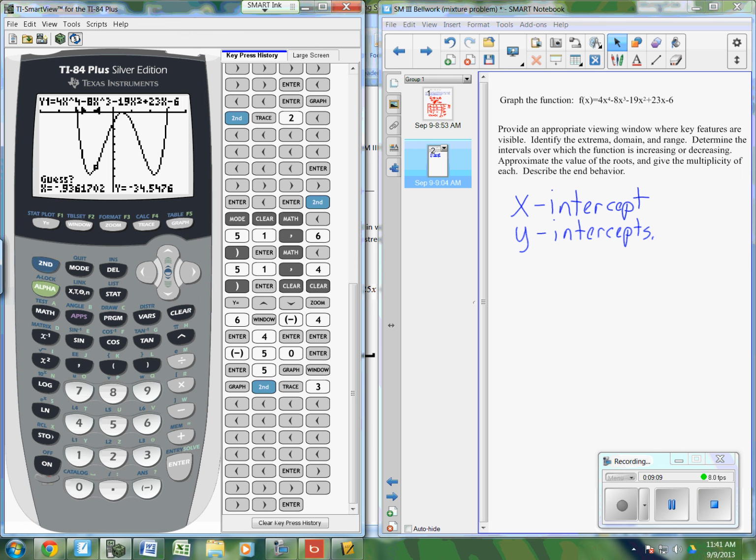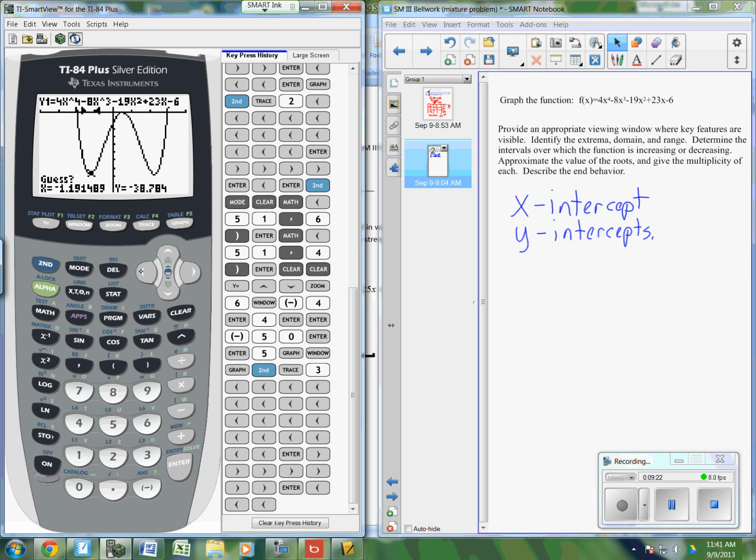If I hit enter, it puts another arrow up here, and now it's stating that my minimum point is between that left and right bound somewhere. Now it's asking me for a guess. I'm going to go to the left and get fairly close to it. As long as you're between those 2 bounds and you hit enter right here, you're going to get the answer.